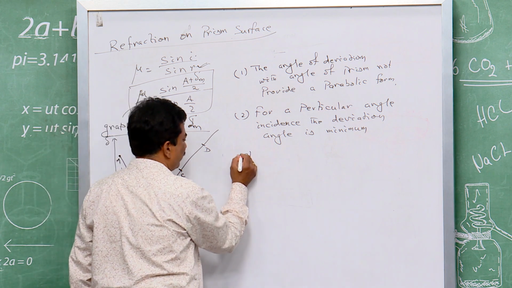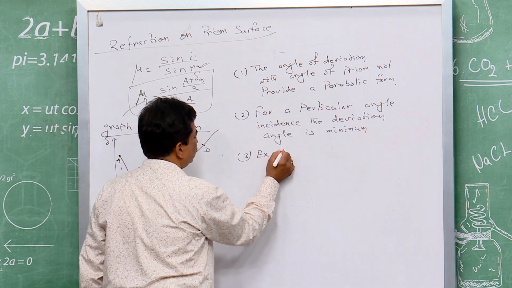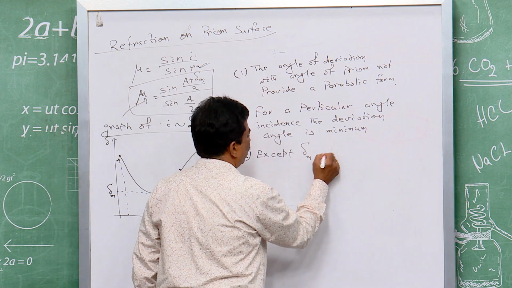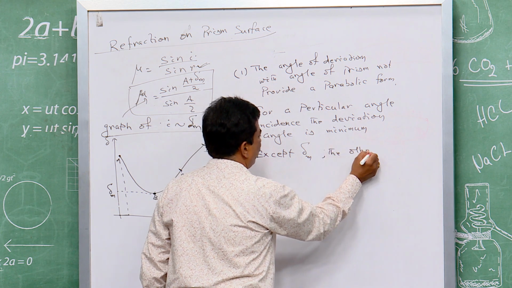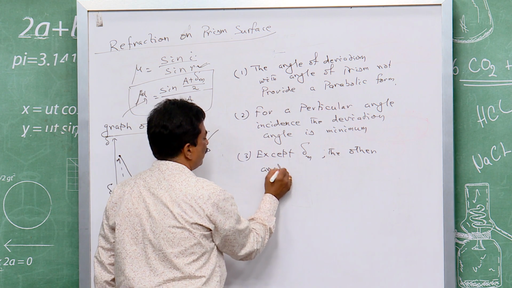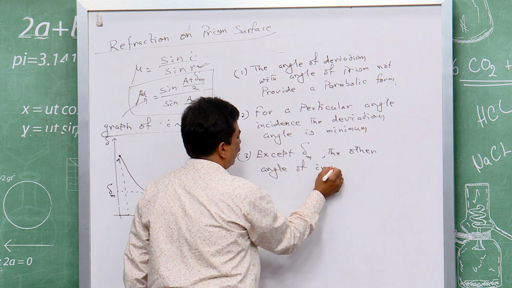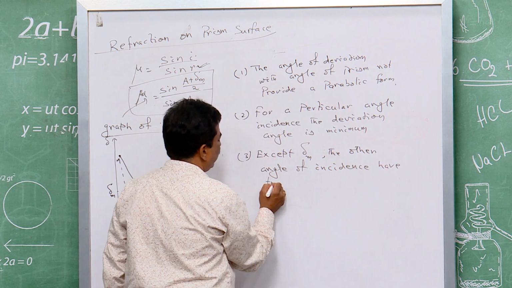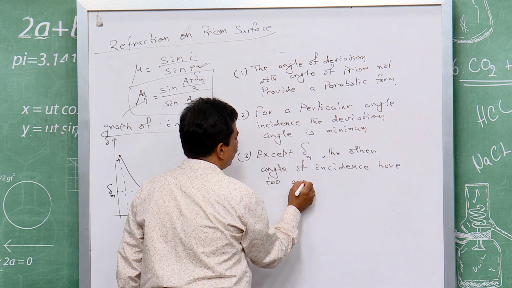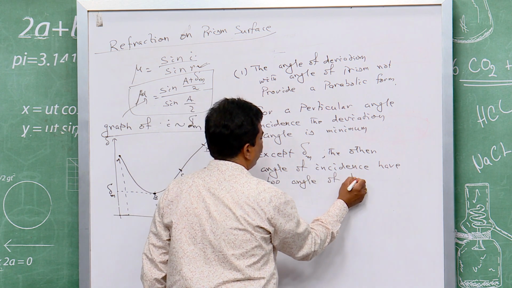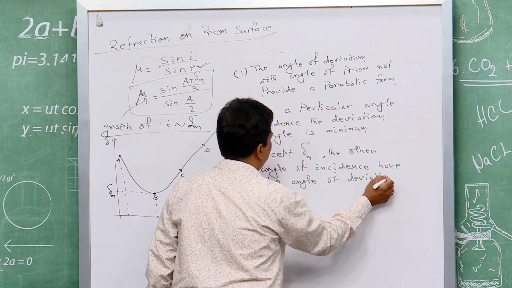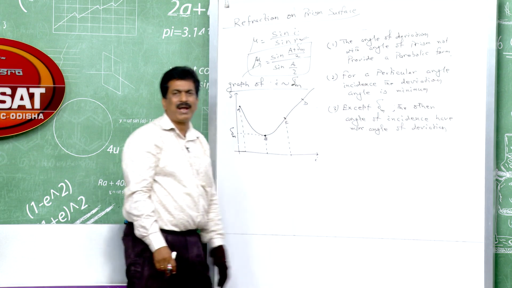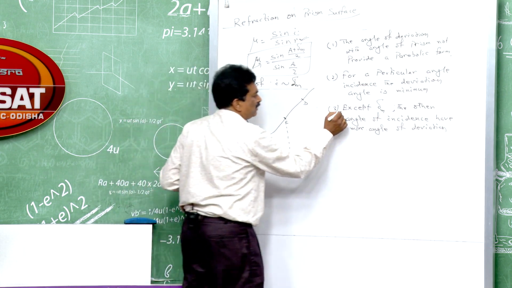And the third one, except the minimum deviation, the other angles of incidence have two angles of deviation. You can say here there is more than one angle of deviation. What is its meaning?